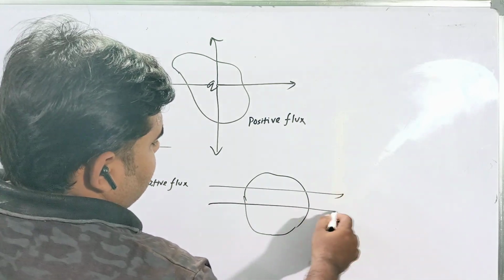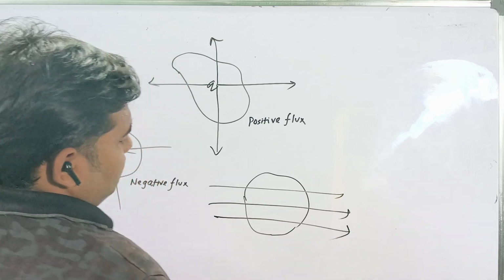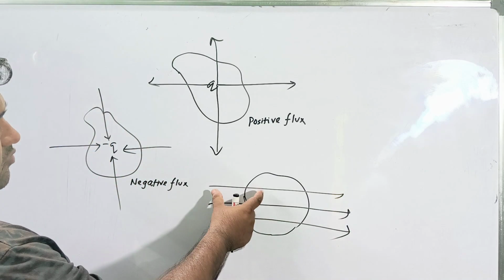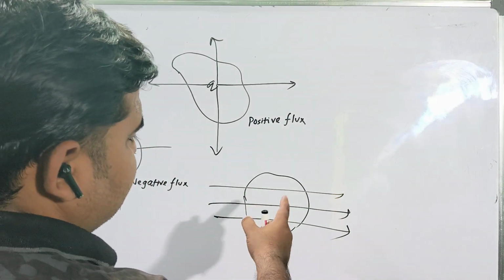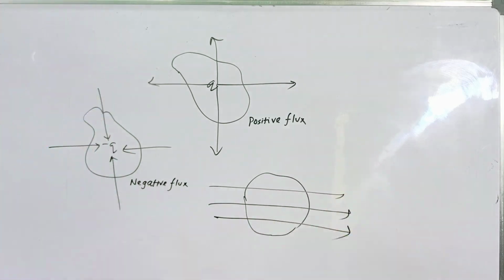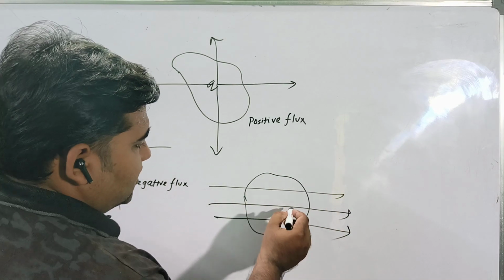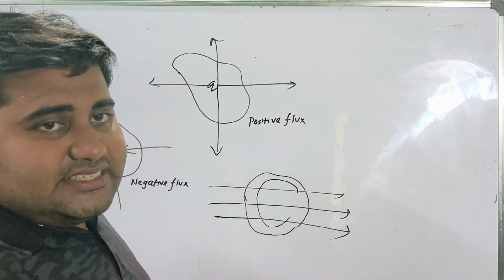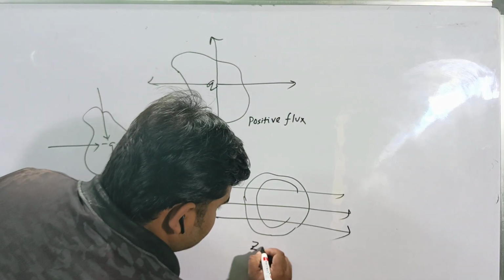Flux is entering the object and getting out of the object. So the number of flux lines entering the object is equal to the amount of flux getting out of the object. Then the net flux through this object is zero. It is zero flux.